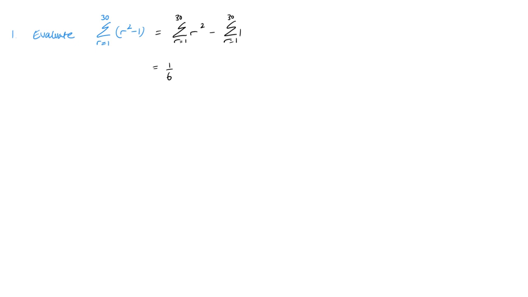So we're substituting 30 in: 30 plus 1, and then 2 times 30 plus 1, and then minus n, which is 30. So we've got 1/6 times 30 times 31 times 61, and then we're going to take away 30 at the end.